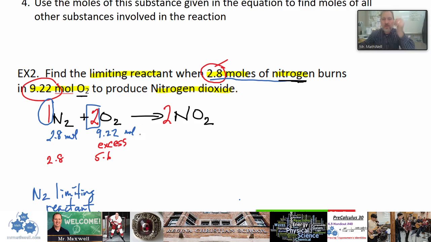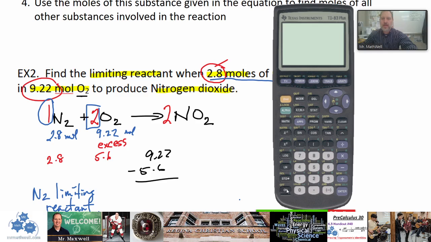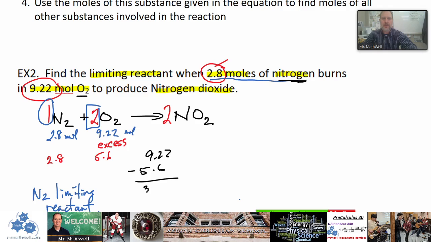Okay, so we've talked about it, we may as well do it. You can do that in your head or on your calculator, I don't mind. I'm going to do this on my calculator so I don't mess up for you. 9.22 minus 5.6 is going to be 3.62, and that's moles of excess O2 that is unreacted here.